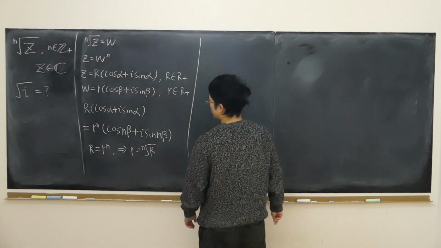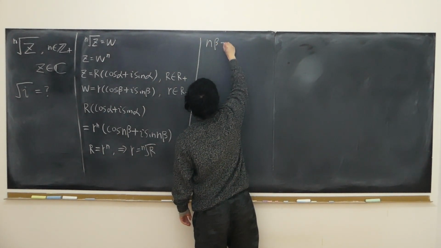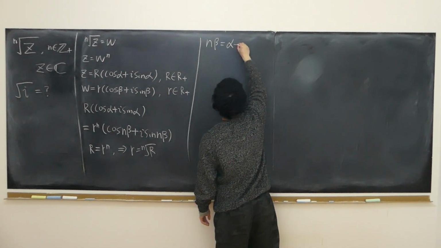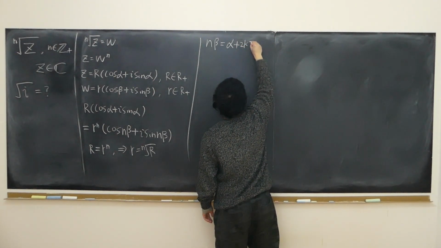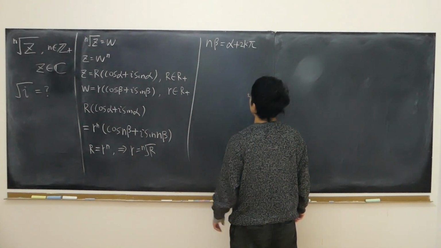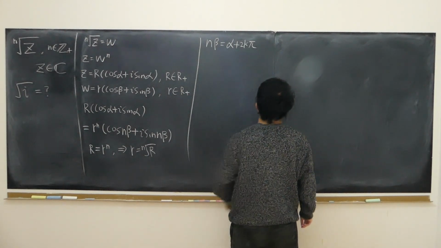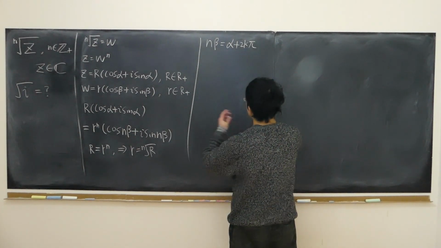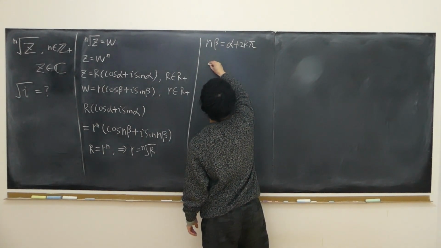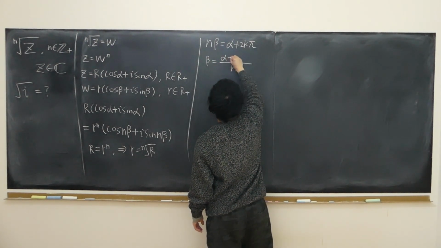So n beta is equal to alpha plus 2k pi, because cosine and sine are periodic functions with period 2 pi. And k cannot be just any integer, but is limited by some restrictions. I'll show: beta is equal to (alpha plus 2k pi) over n.